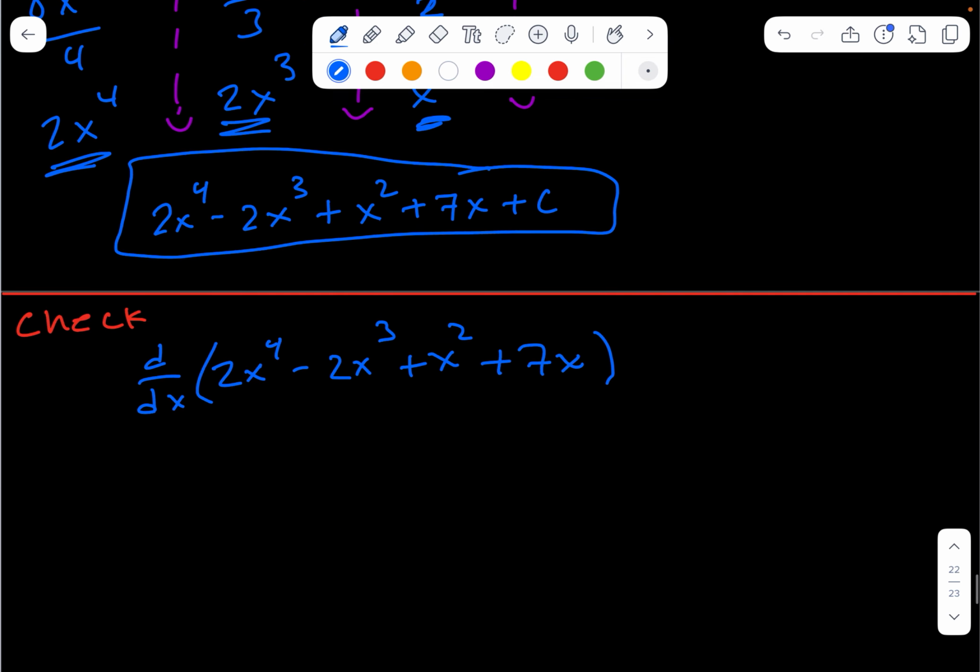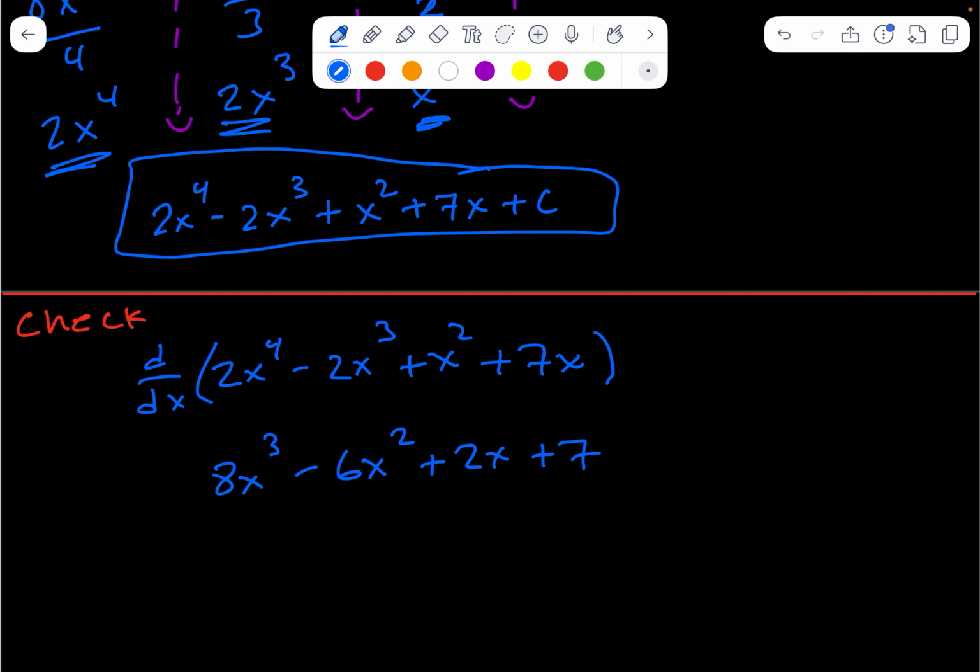So let's go ahead and check that. The derivative of 2x to the 4th is just going to be 8x cubed, minus 6x squared plus 2x plus 7, based on the power rules of derivatives.